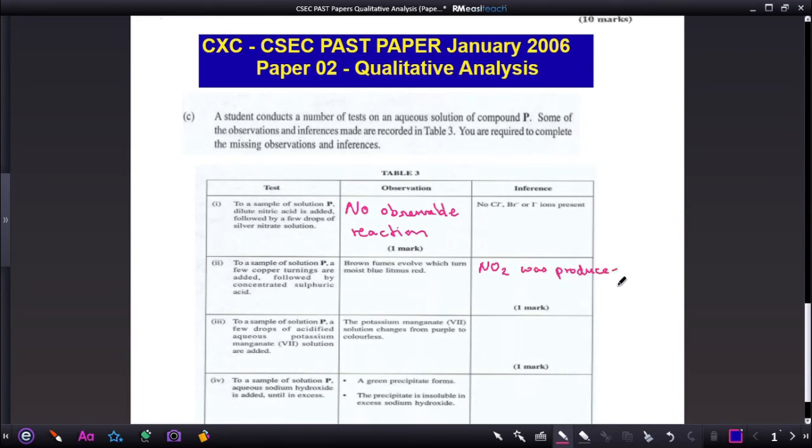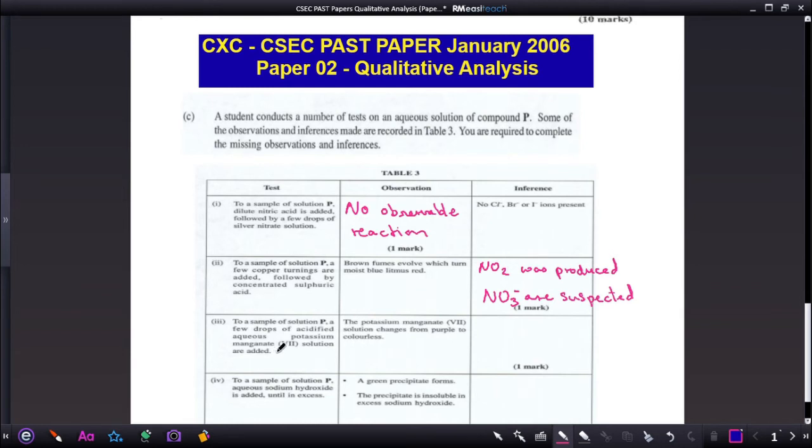But what else is that saying? It is also saying that the nitrate ions are suspected, because the nitrogen dioxide must be coming from, or most likely be coming from, the nitrate ion undergoing some form of decomposition. So the nitrate ions are suspected.